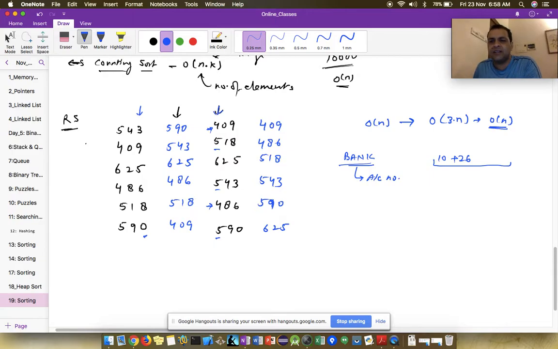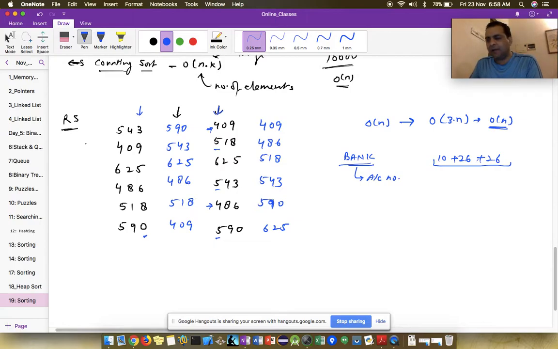Even if we had lowercase letters, the range would be 10 plus 26 plus 26. So Radix sort is very useful in a lot of situations.